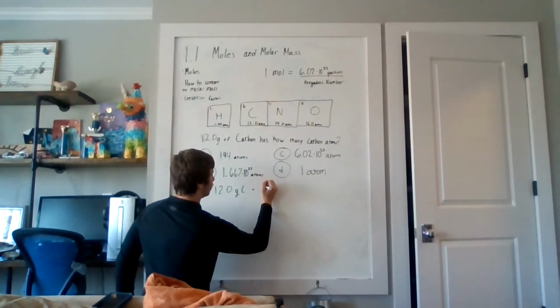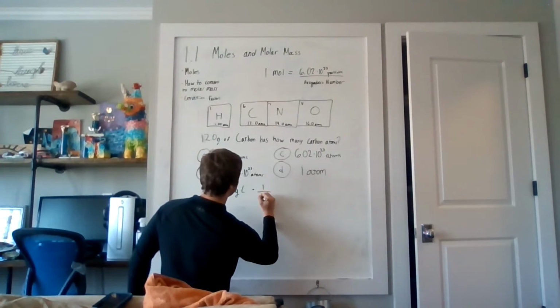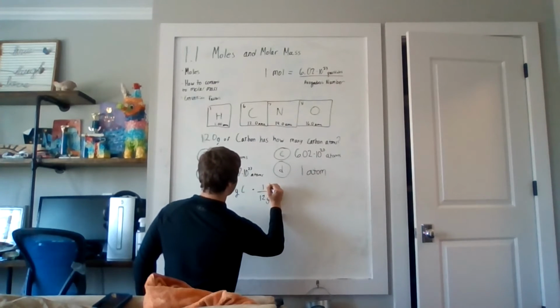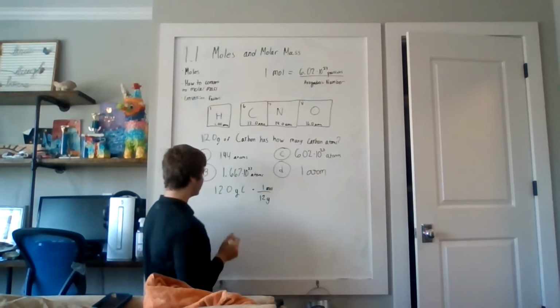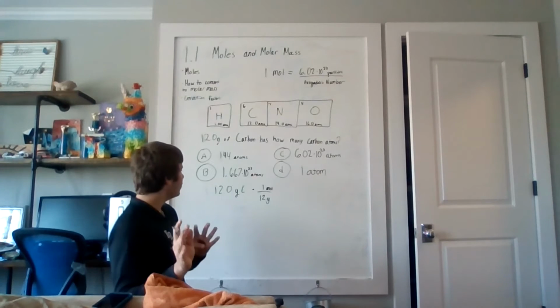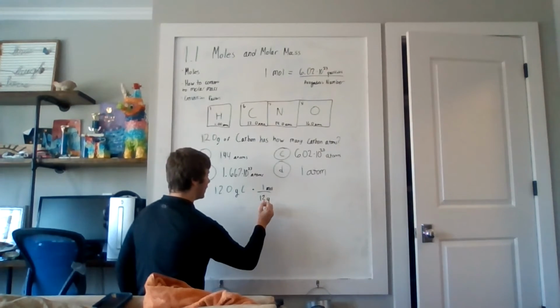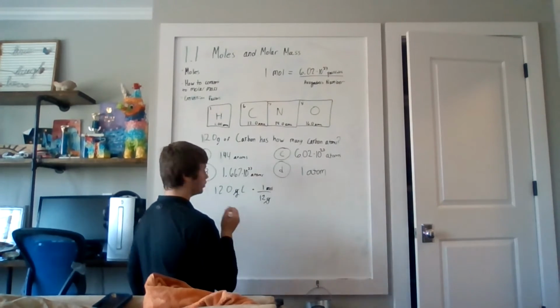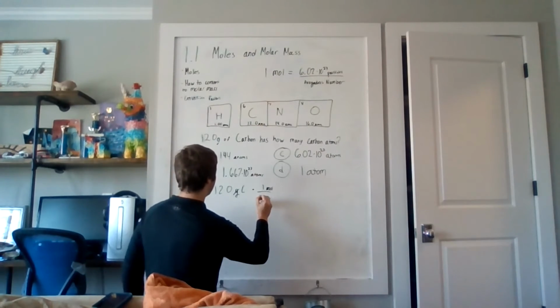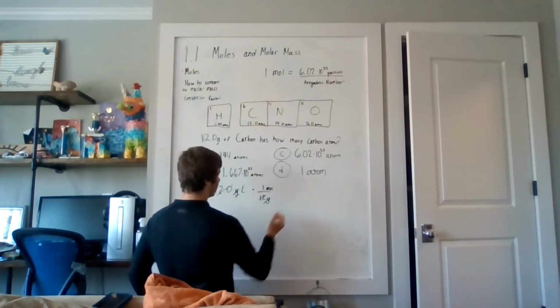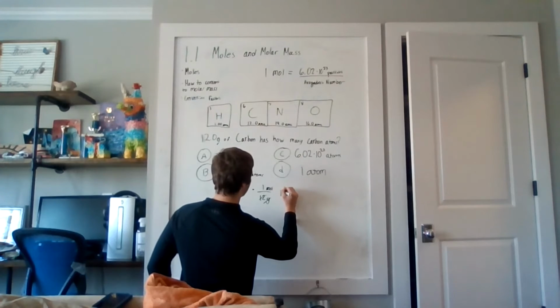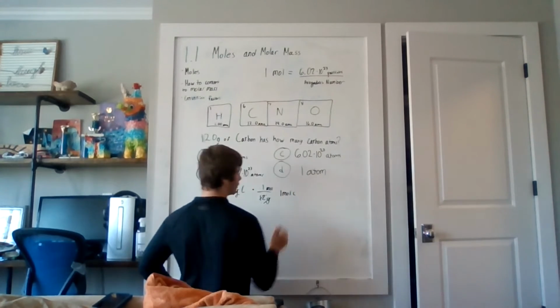So we get 1 over 12 grams, 1 being 1 mole, of course. So when I put it like this, the grams will cancel out, and so will my 12s. And we will get 1 mole carbon.